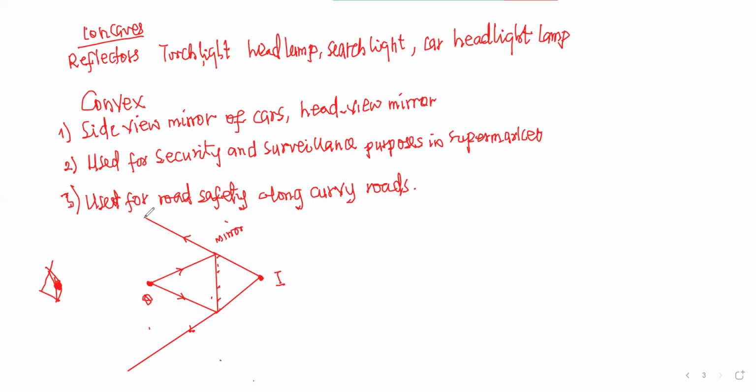So this is the field or angle of view to the observer. This is the field of view. Field or angle of view of the observer looking through. So this is the range within which the image can be seen.